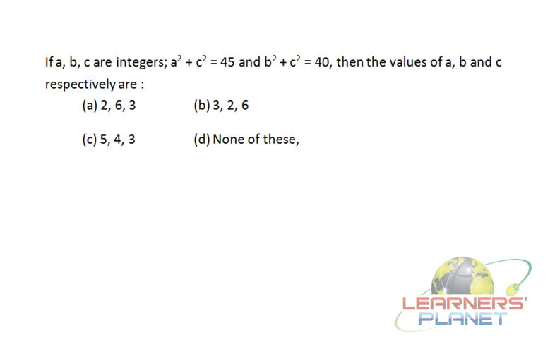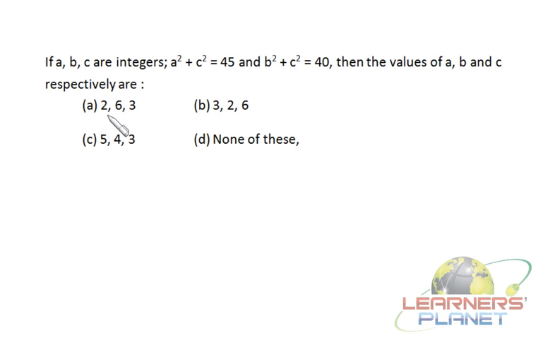No need to worry. Now in this question, if a, b, c are integers, a square plus c square is equal to 45 and b square plus c square is equal to 40, then find the values of a, b and c. Friends, we have been asked about a, b, c, all of them. So no need to worry, no calculation. You just go by elimination of options. Just put the values of a, b, c from the options.